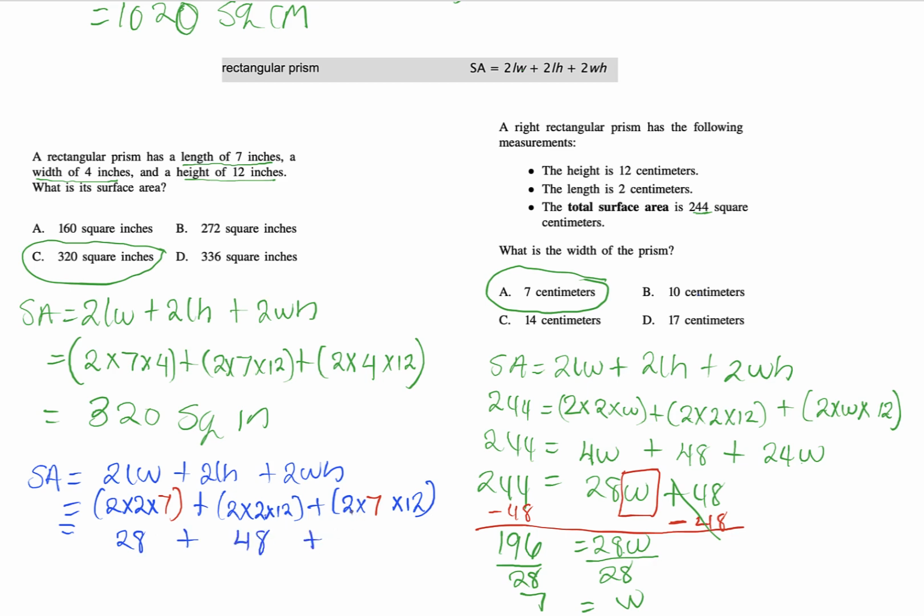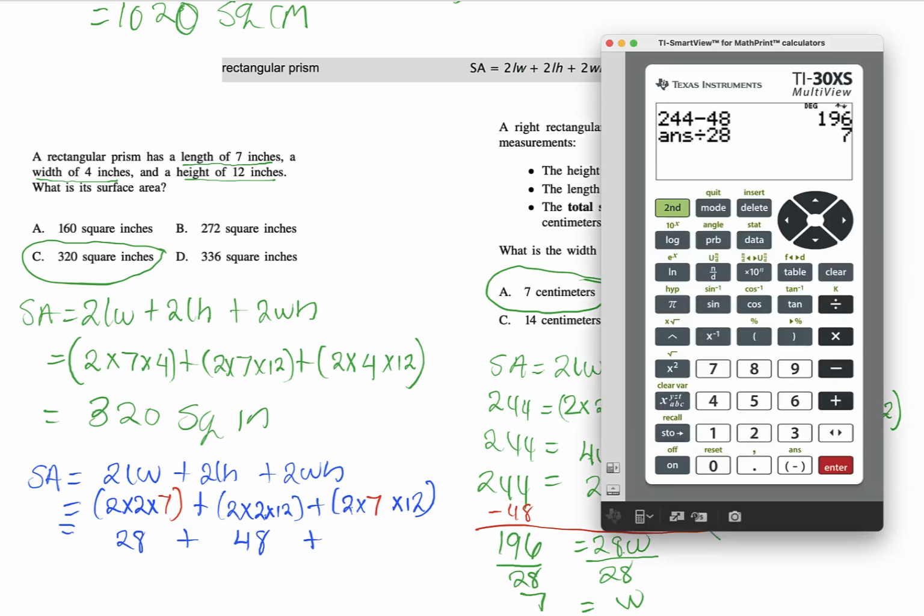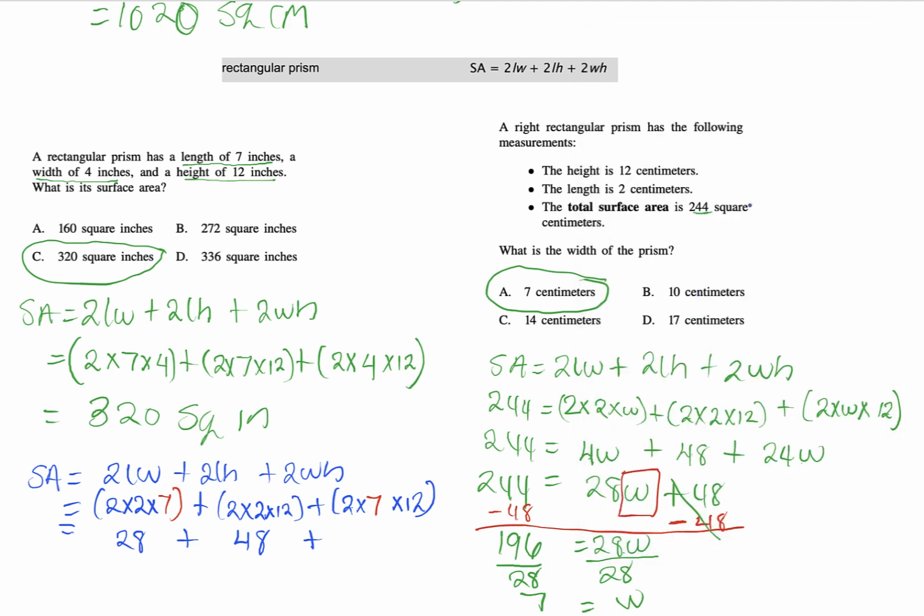Plus this one you probably have to use the calculator, because this is 2 times 7 is 14 and times 12. So I'll get my calculator. 12 times 14 is 168, and then you're adding 48 and you're adding 28, and I'm hoping that when I hit enter I get 244. Enter gives me 244, so I know that my answer is correct and 7 is my number.